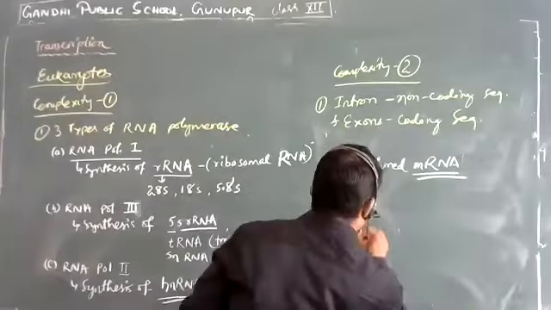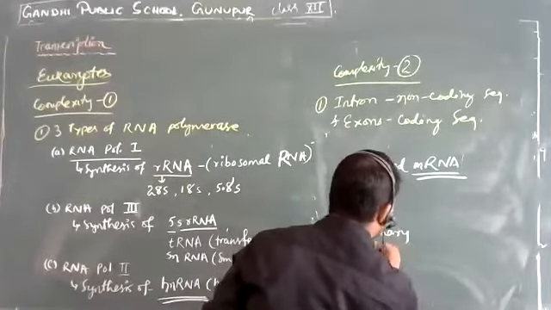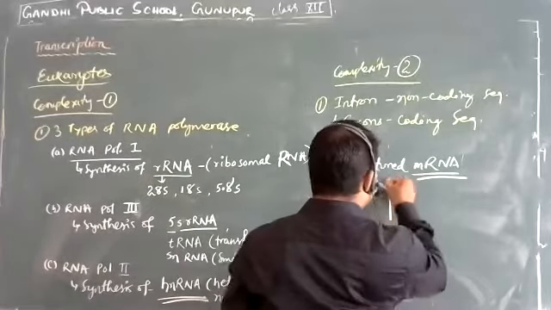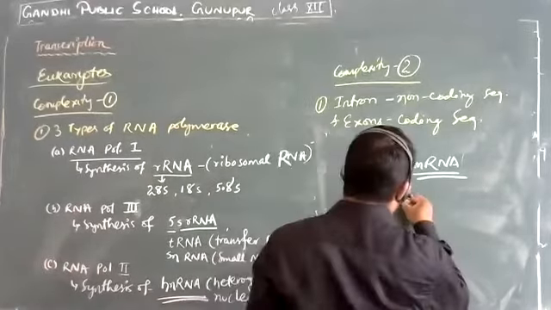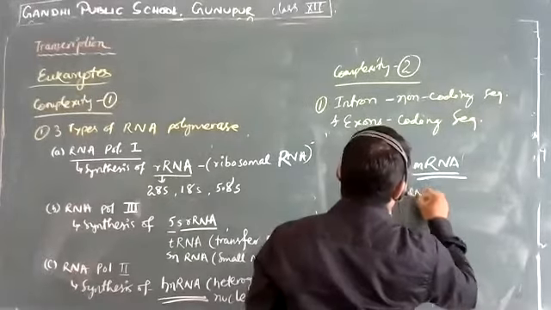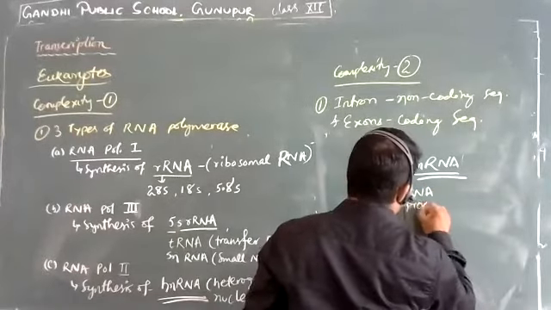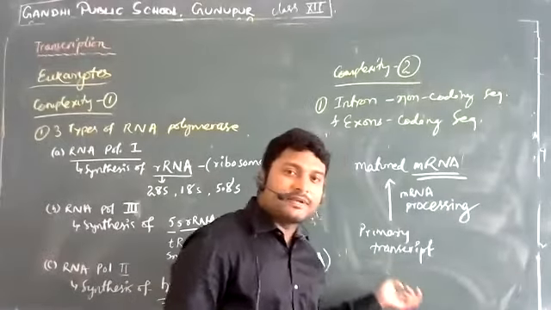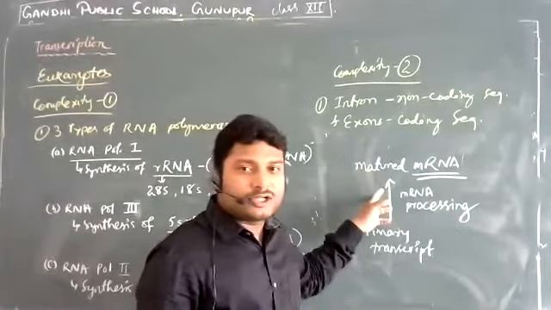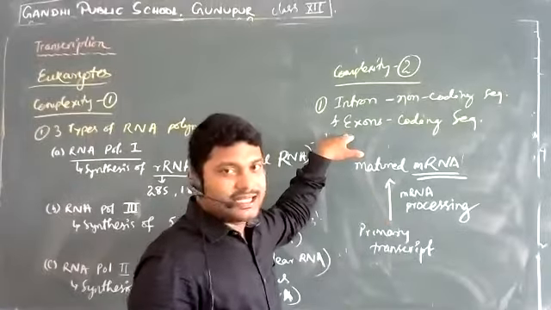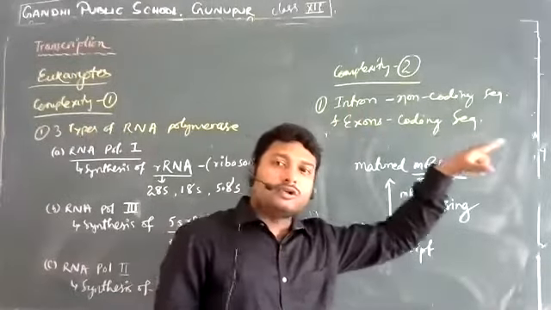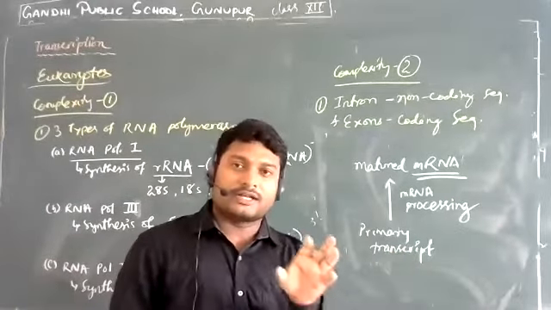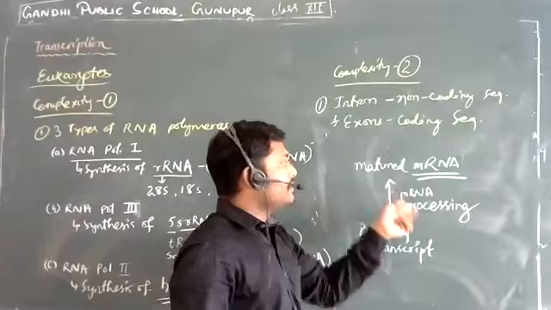The primary transcript gives rise to the mature mRNA by the process of mRNA processing. That removes the introns, which are non-coding sequences and will not be part of protein production or the translation process.